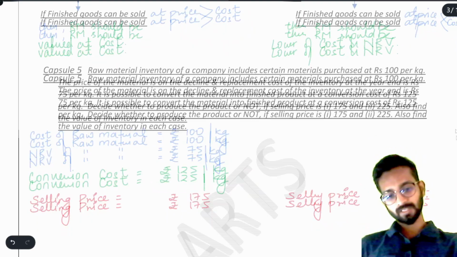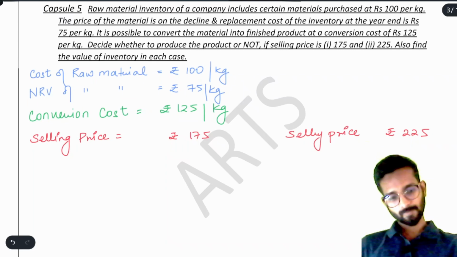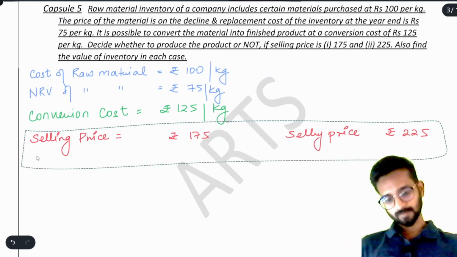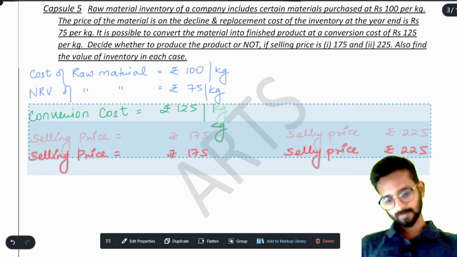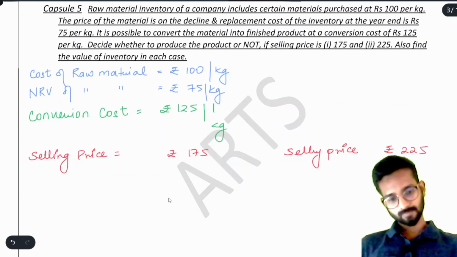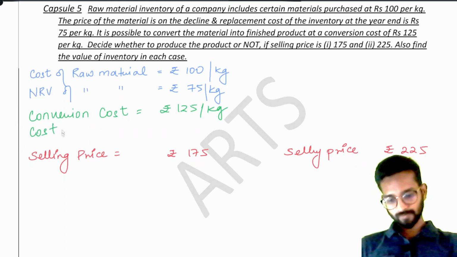How will we calculate that, sir? See, this was 125 rupees per kg. So cost of finished goods will be how much?